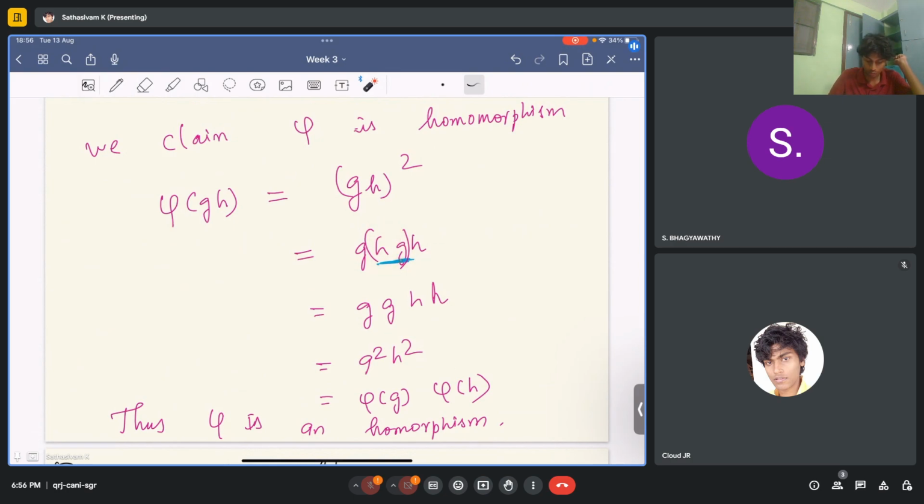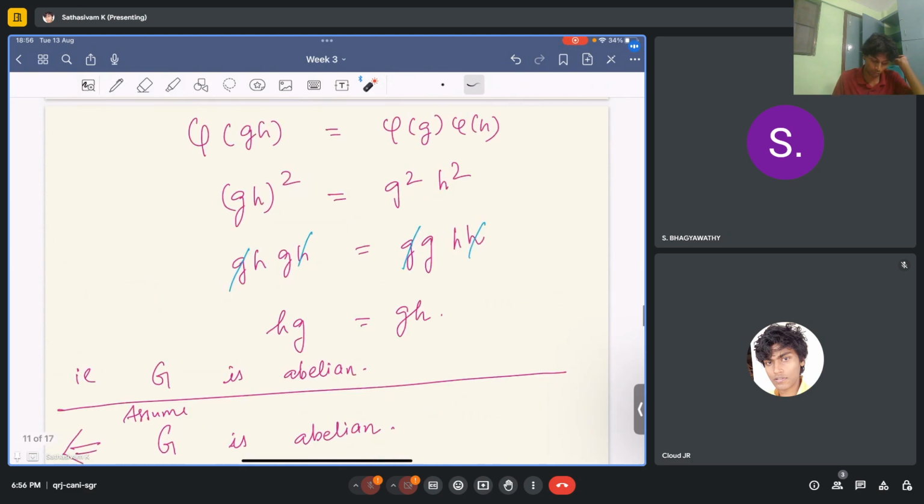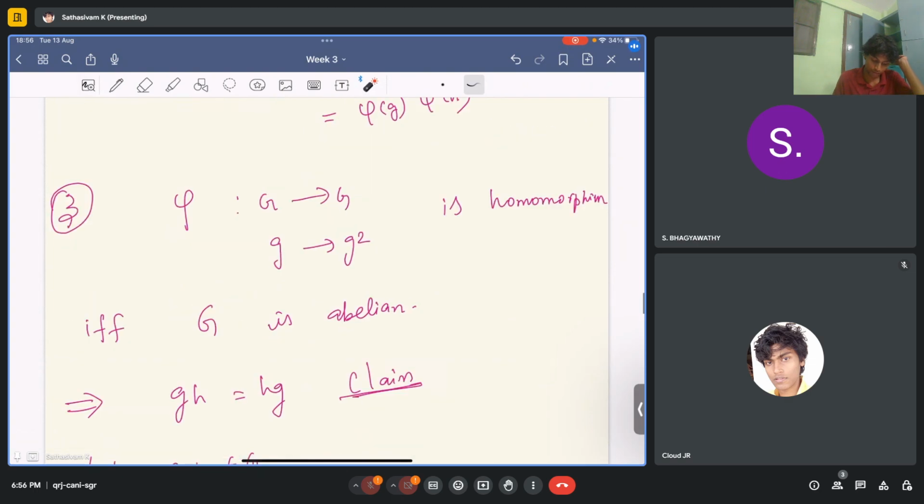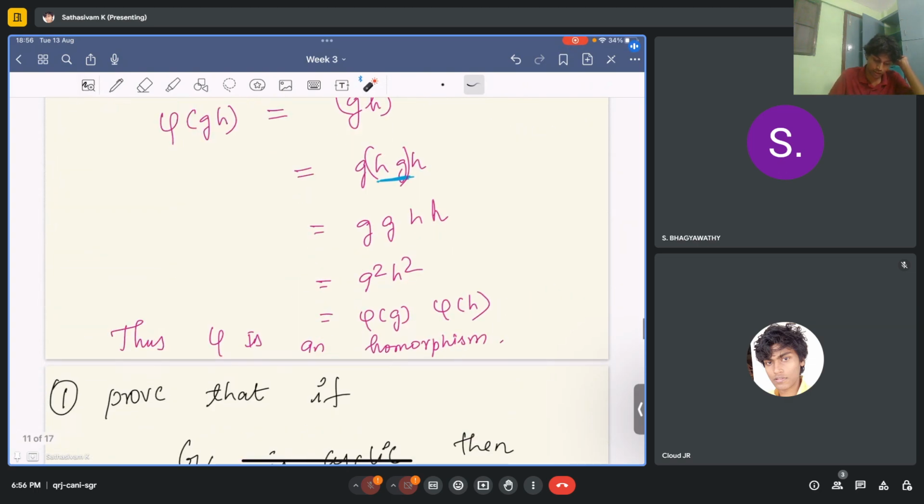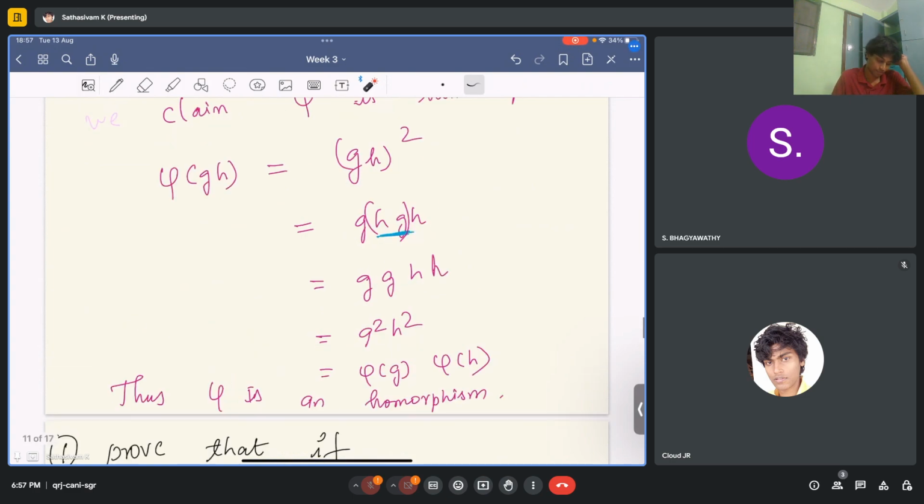But if you have an abelian group, you can commute them. So here also the only property you need is to commute. Whether you can commute or not is the problem. In order to prove whether g square is a homomorphism or not, what you need is whether you can commute. If these two elements you can commute like this, then it's a homomorphism. But in general, you cannot commute it. So that is the problem.